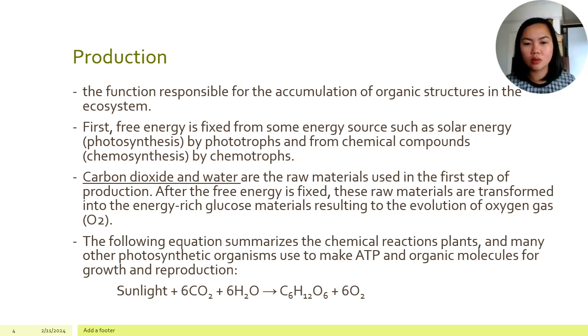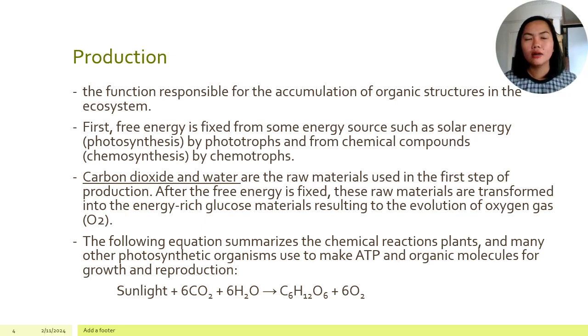This is the chemical formula of glucose. Plus O2 is oxygen. So the product of photosynthesis for every 6 carbon dioxide plus 6 water is 1 glucose and 6 oxygen. So don't forget this equation, as this is the equation for photosynthesis.